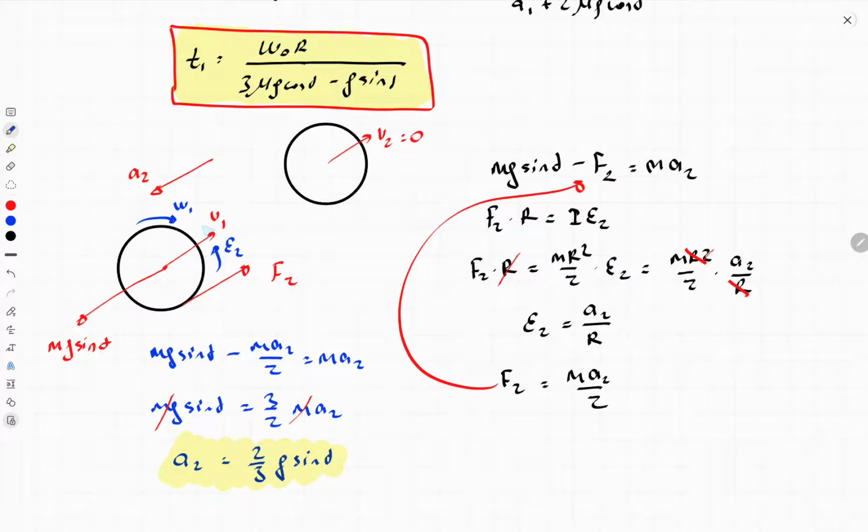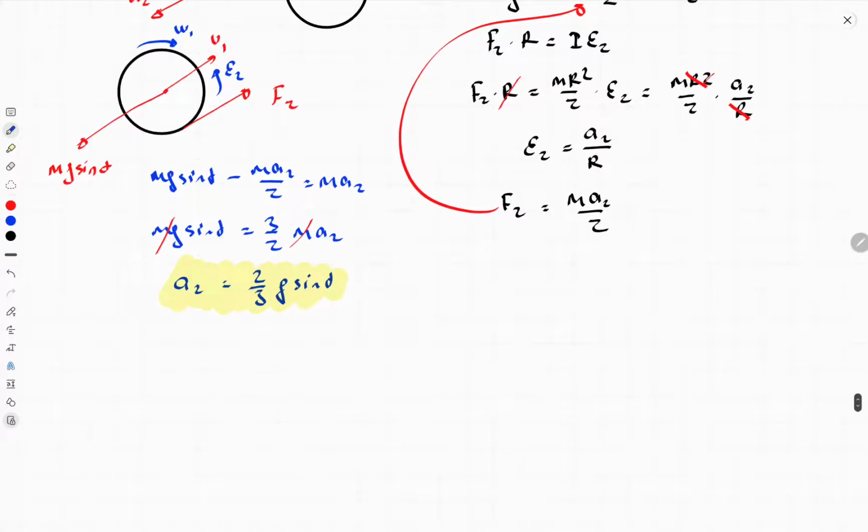So initial velocity v1, final velocity 0 due to this a2 acceleration. So we can write that final velocity v2 equals initial velocity minus a2 t2. Why minus? Because of deceleration. And the final velocity, of course, becomes 0. At this point, it will reach its maximum height.